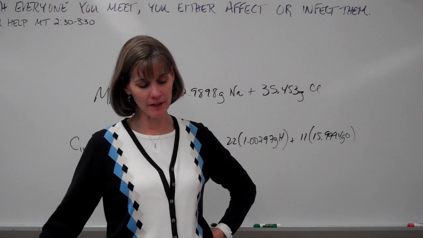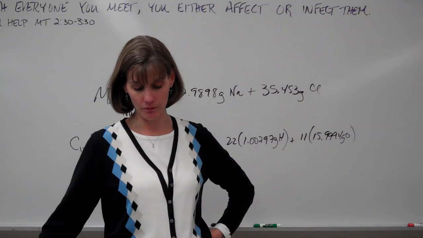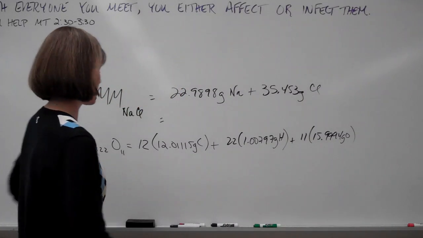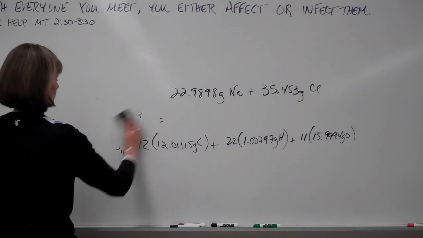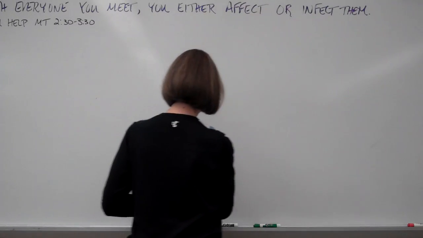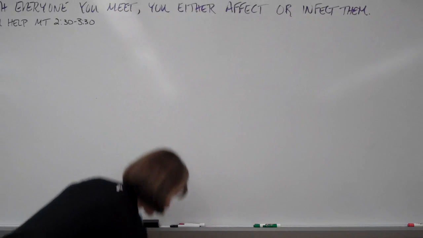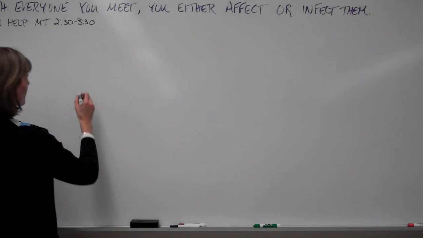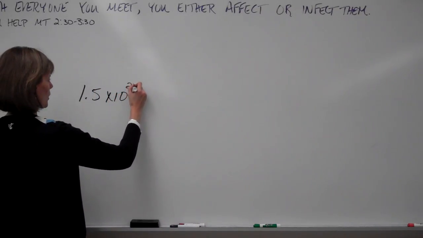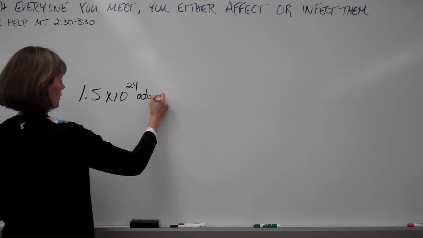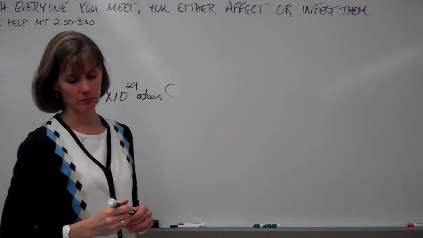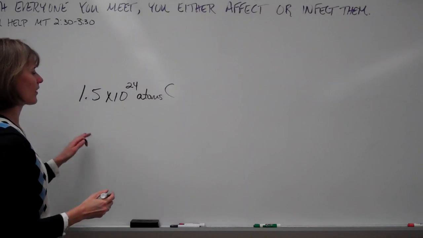The rest are the math problems. How to calculate mass when you're given the number of atoms. So, if I say that you have 1.5 times 10 to the 24th atoms of carbon, what is the mass of that?